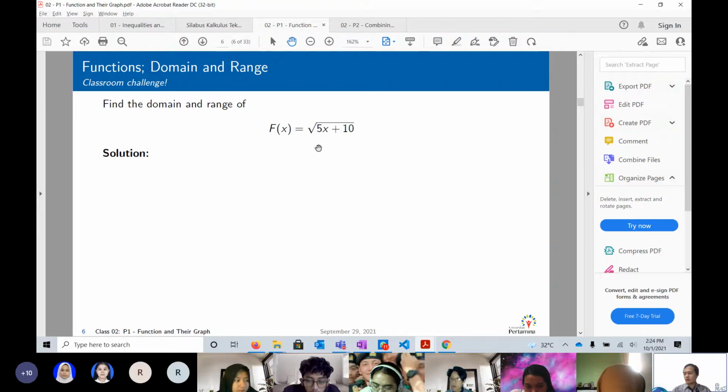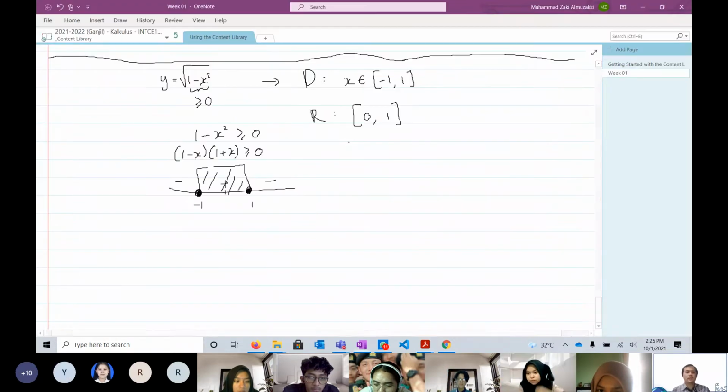So f(x) equals square root of 5x plus 10. -2 to positive infinity. Yes, that's correct.